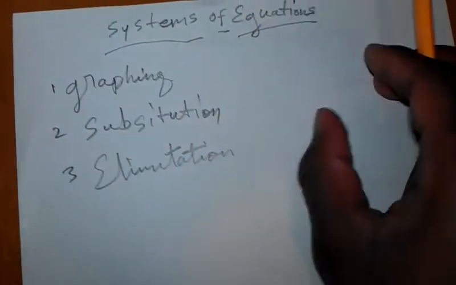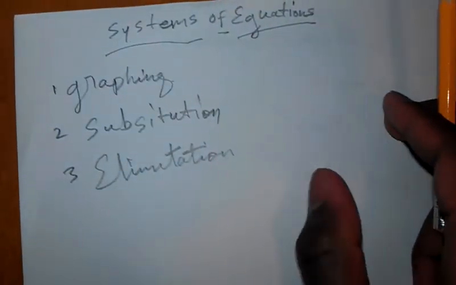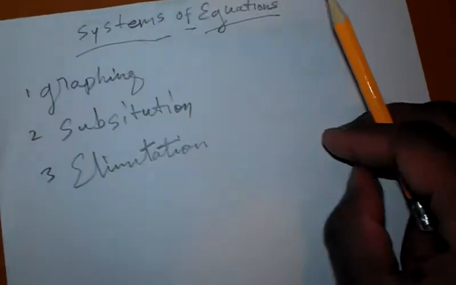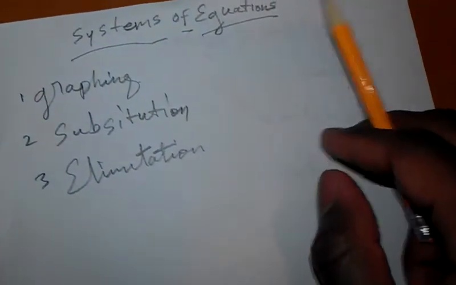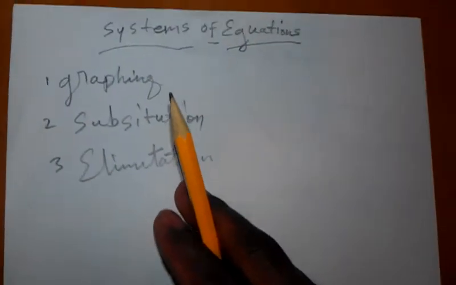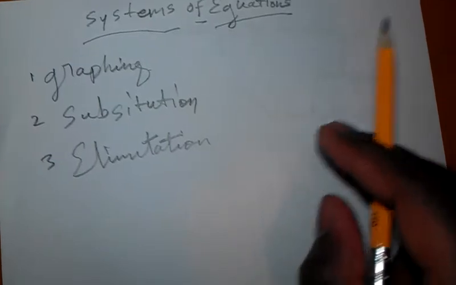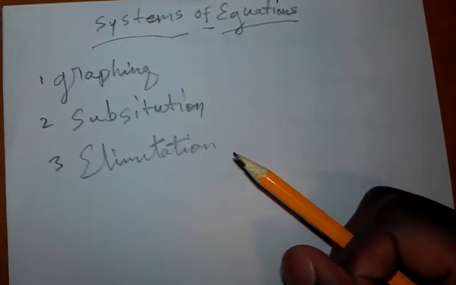Substitution is where you take an x or y variable from an equation and substitute it as an expression to find the value of that variable. And elimination is eliminating either x or y to find the other variable, or missing factor.